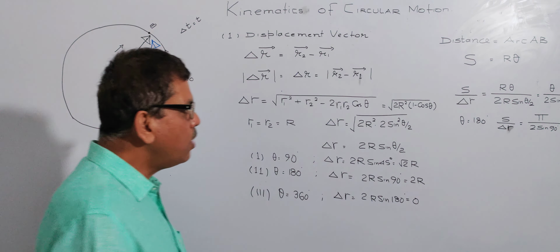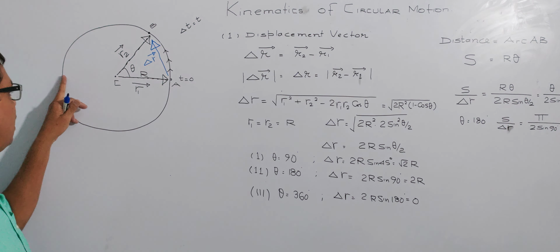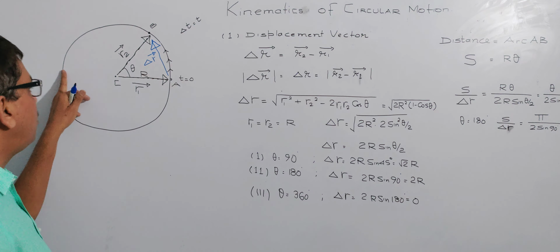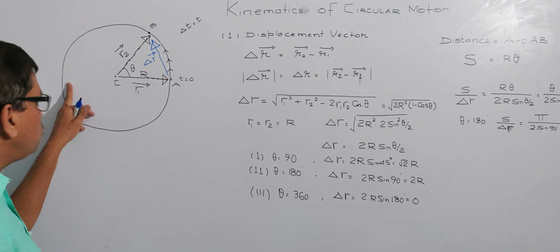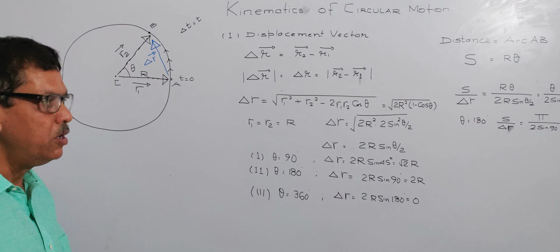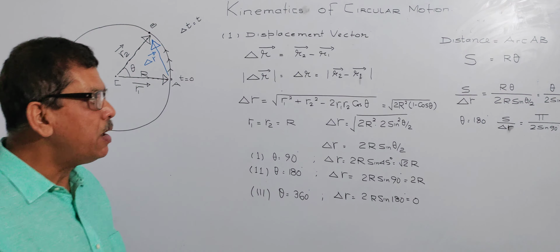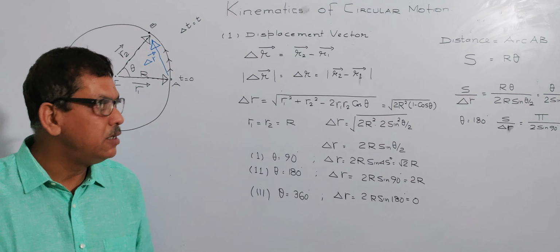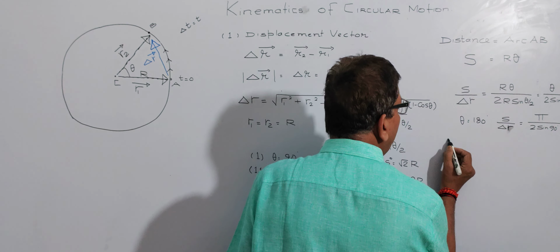Now simply you can also see when the object moves from A and reaches exactly 180 degrees, this arc becomes half of the perimeter, pi r, and this becomes 2r. So pi r by 2r is nothing but pi by 2. That way also we can find the ratio of distance covered by the object to the displacement.